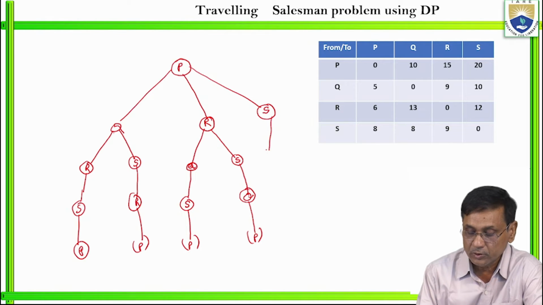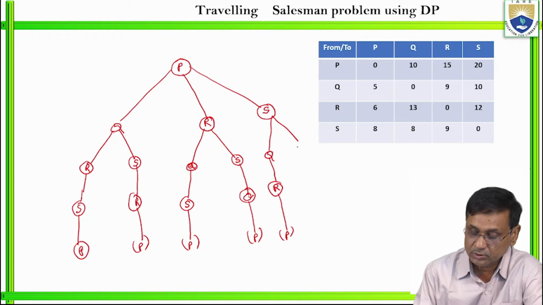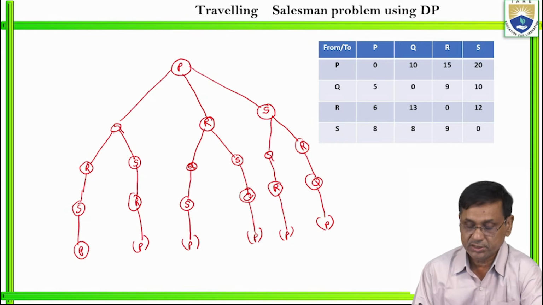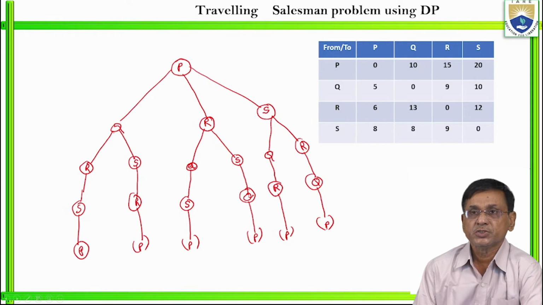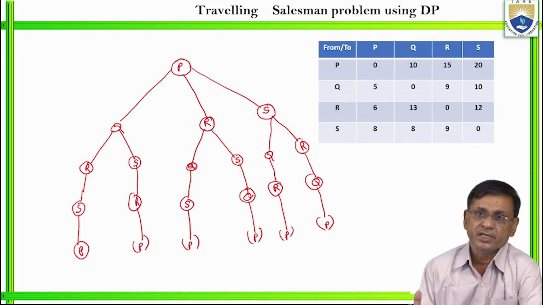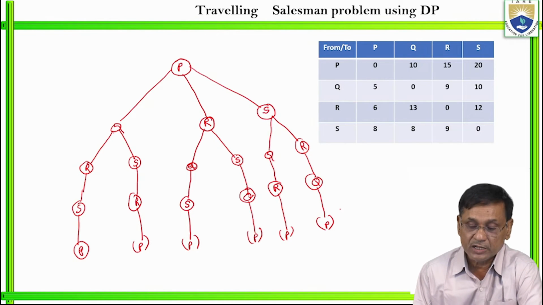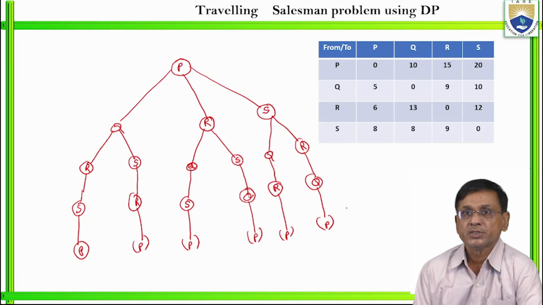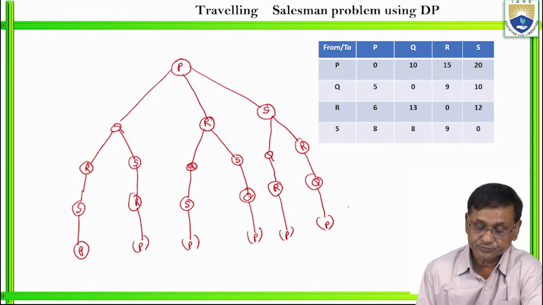Then he can go from S to Q, Q to R, and then R to P. So here S to R, R to Q, and then Q to P. So this is the state space diagram. This is useful to develop the general formula for finding the solution in dynamic programming.